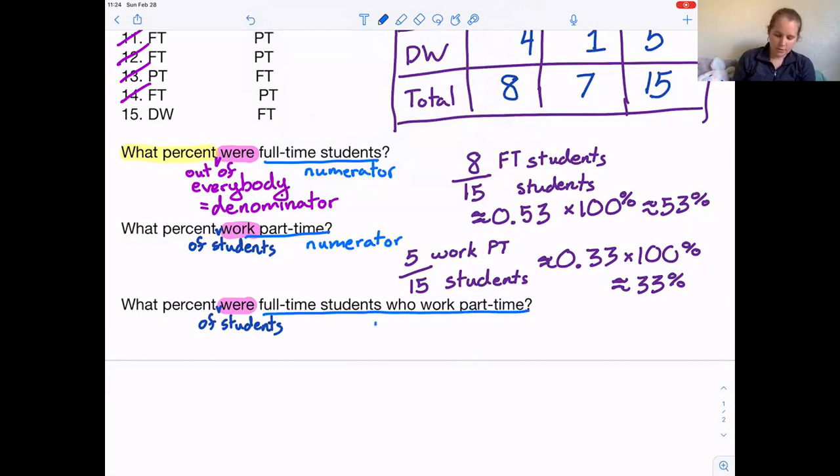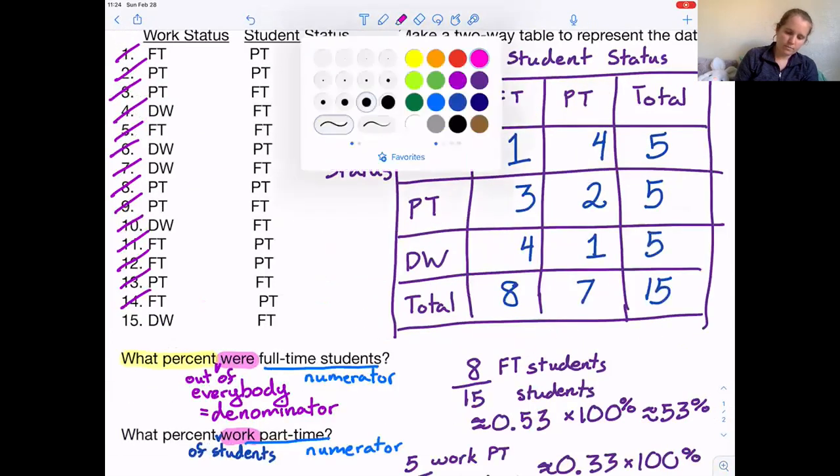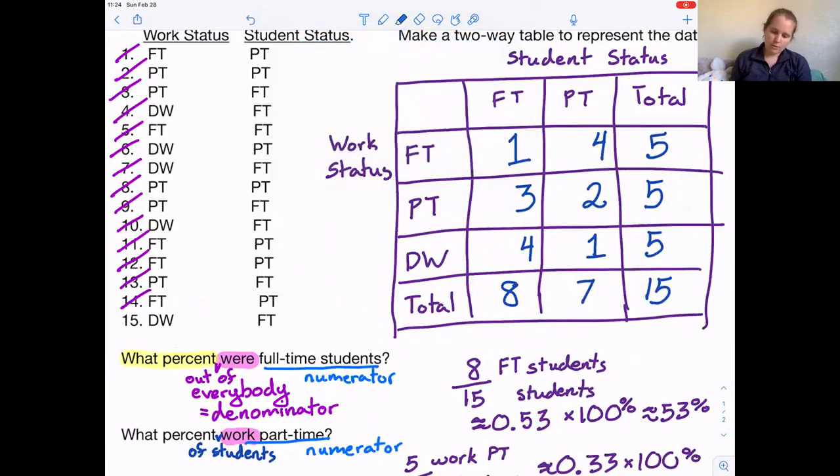So this is our numerator. So I want full-time students. I also want that they work part-time at the same time.